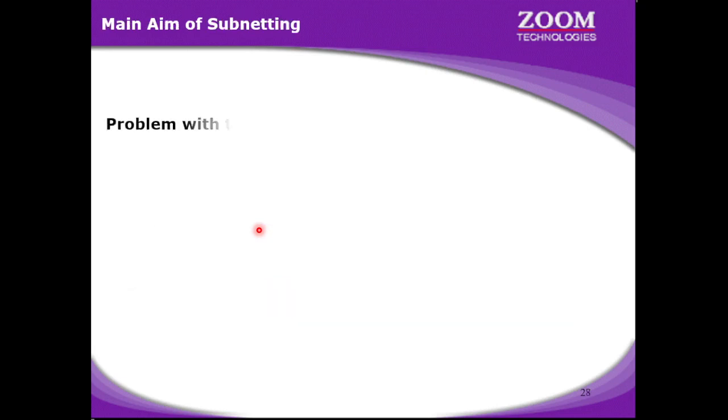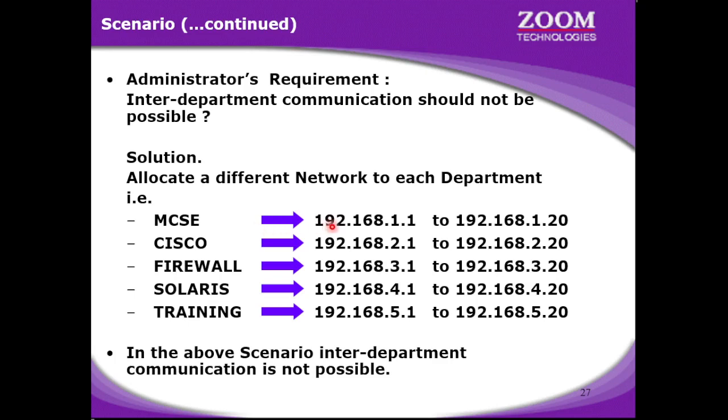Now, ang problema dun sa kaninang example natin, yung different network, yung .1.1, .3.1, .2.1, .5.1, mapapansin nyo sa isang range, yung 1.1 hanggang 1.20, ang nasakop niya ay 20 na devices lang, no? Pero sa isang network ng class C, tandaan po natin, meron tayong 254 na possible hosts per network. Diba? Sa class C, 254 ang pwede niya ma-accommodate.